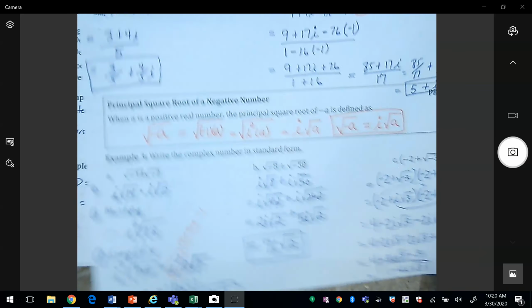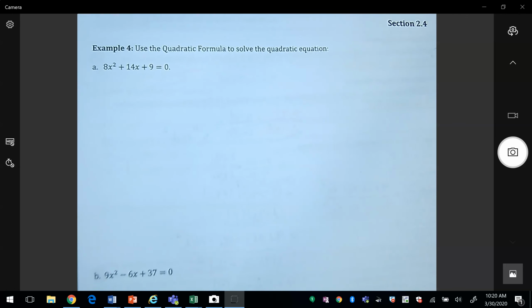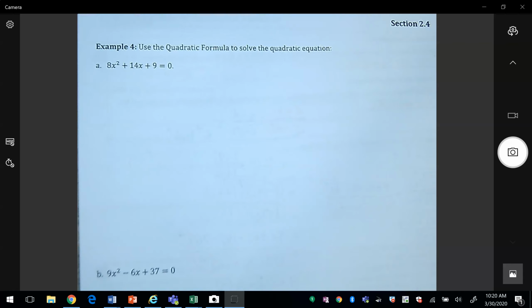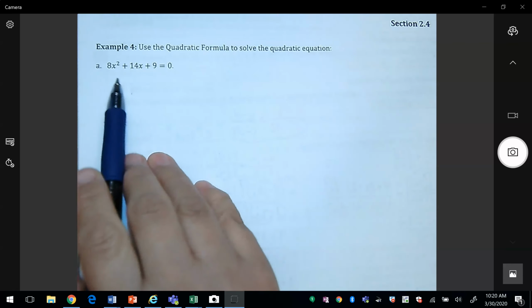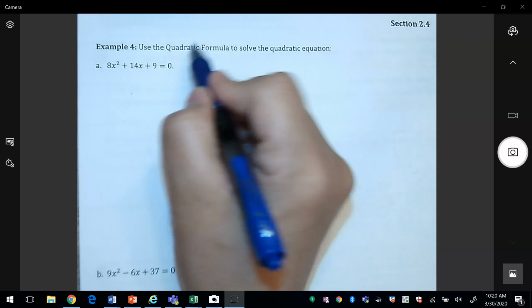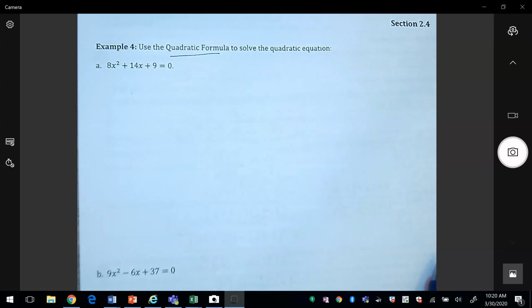So let's turn the page to 65. And so now we would like to solve this quadratic equation. And remember, we can try to factor, but here it specifically says to use the quadratic formula.